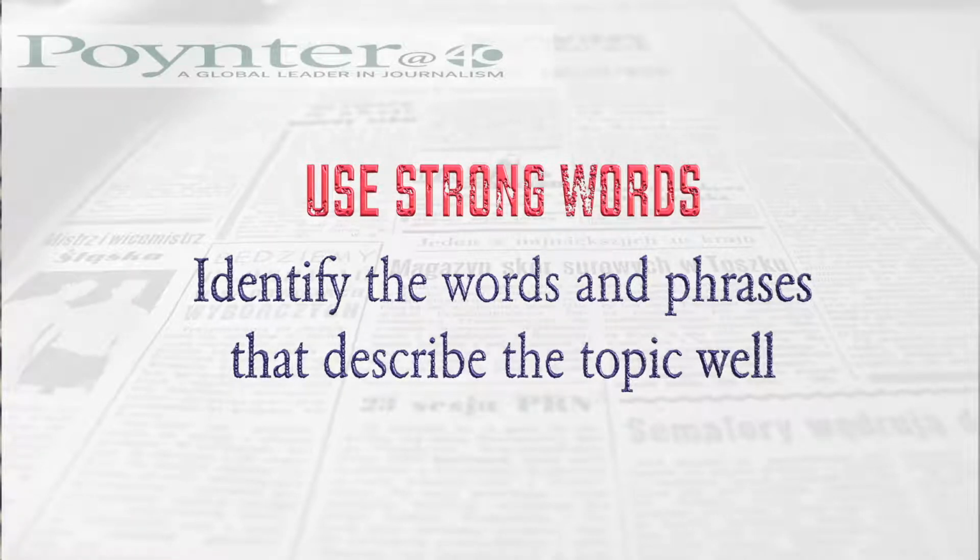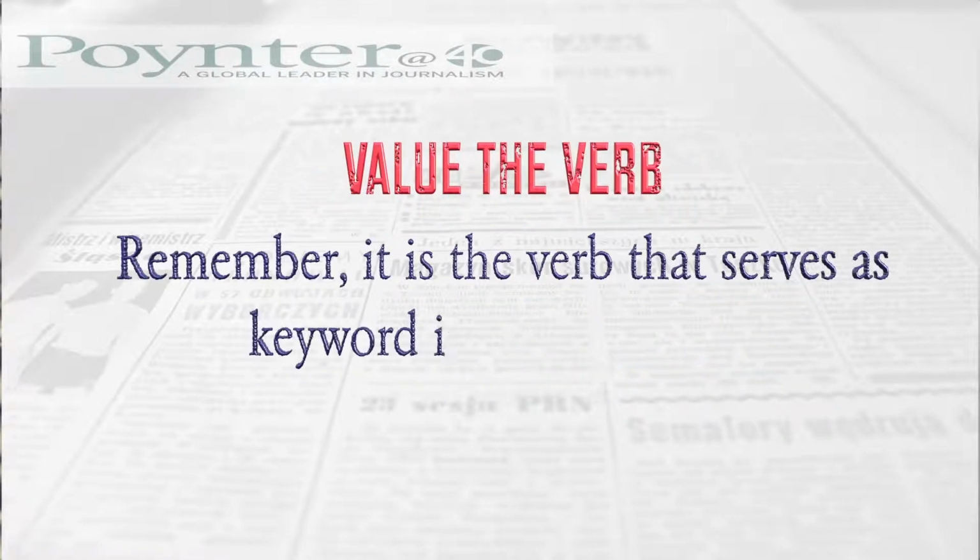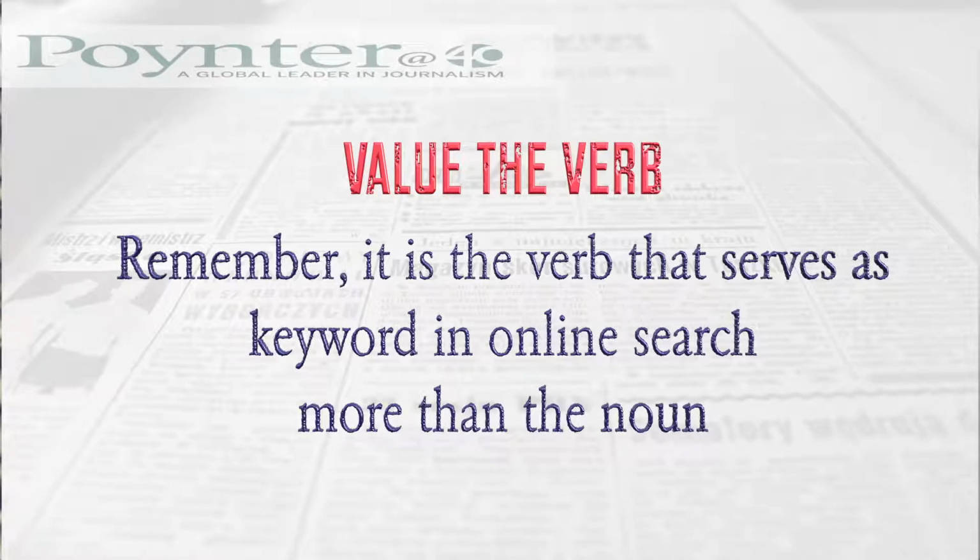Identify the words and phrases that describe the topic well. And lastly, value the verb. Remember, it is the verb that serves as keyword in online search more than the noun. Now, after looking at the 9 important tips for writing a stronger headline, we move on to the language used in headlines.